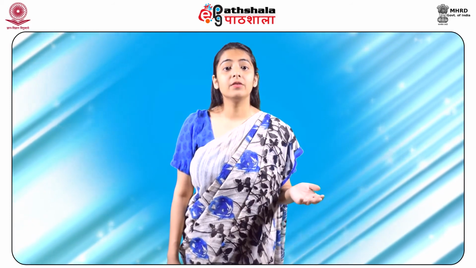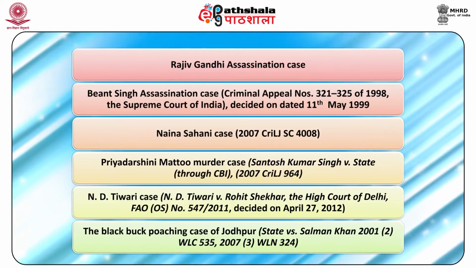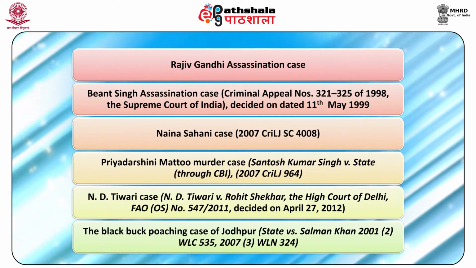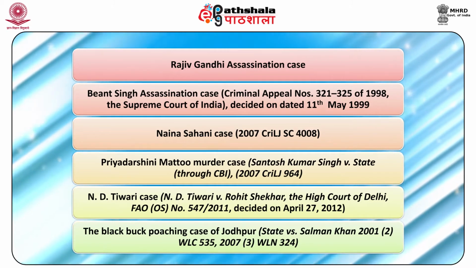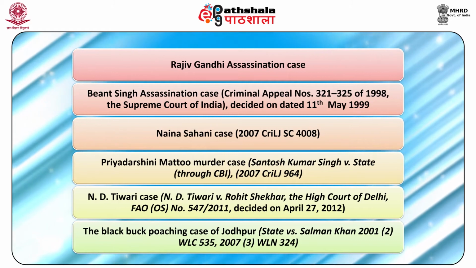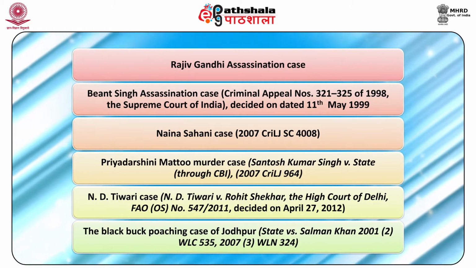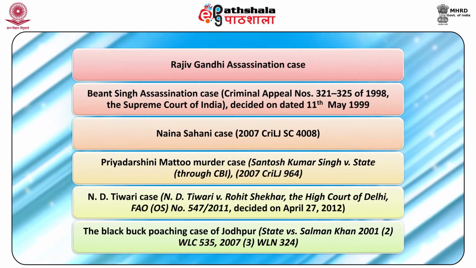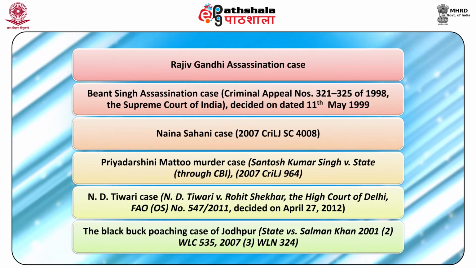Some of the following cases in India where DNA fingerprinting has been used to identify the person are the Rajiv Gandhi assassination case, the Beant Singh assassination case decided on 11th May 1999, the Naina Sahni case, the Priyadarshini Mattoo murder case, the N.D. Tiwari case, and the blackbuck poaching case of Jodhpur, which were the important ones.